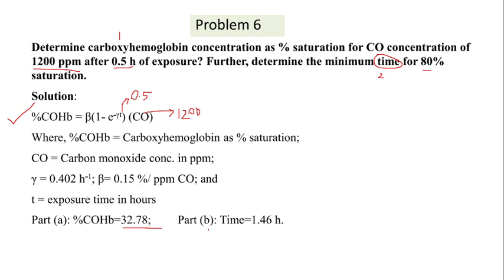Okay, and we need to solve part 2. This is not mentioned in your tutorial. Can you please solve this? I will also give the solution. Here it is given as 80. The concentration is the same. They are asking the exposure time. As I said earlier, either CO can be asked, or percentage COHb can be asked, or T can be asked.